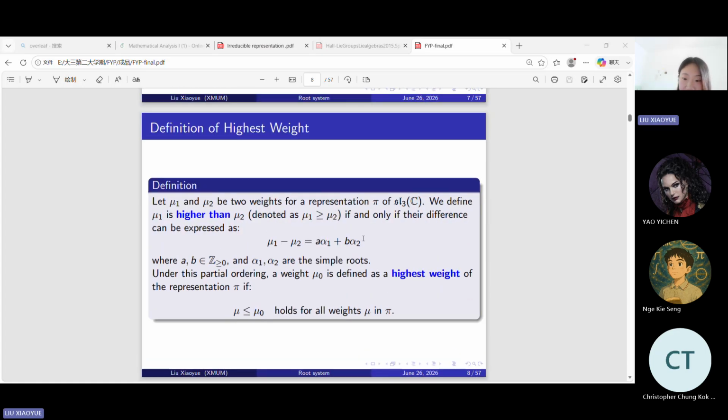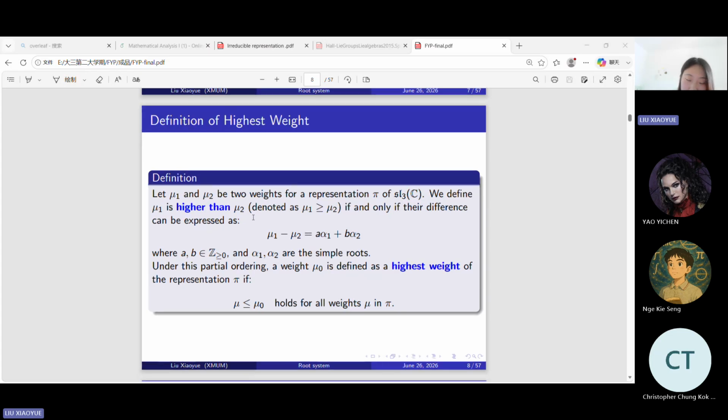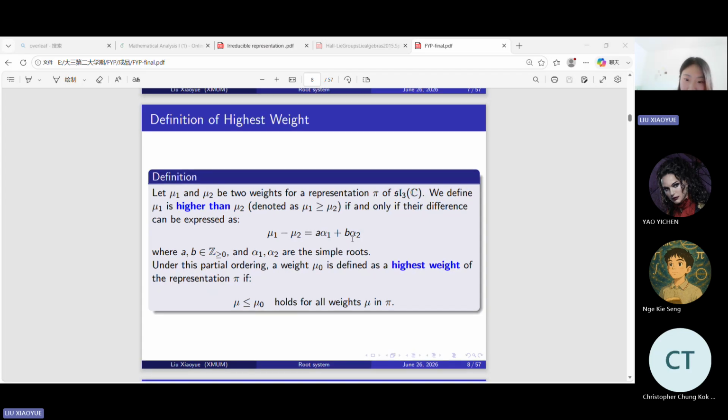Now we can define the highest weight. If we have two weights, mu1 and mu2, for the representation of SL3, then we define mu1 to be higher than mu2 if the subtraction can be expressed as A alpha1 plus B alpha2, where alpha1 and alpha2 are the defined simple roots.